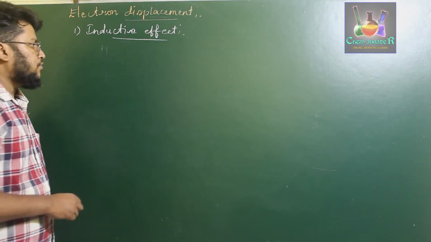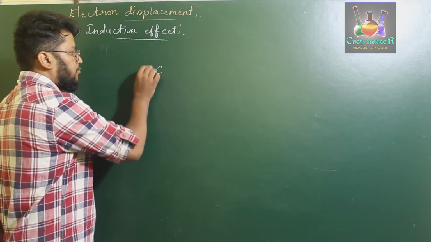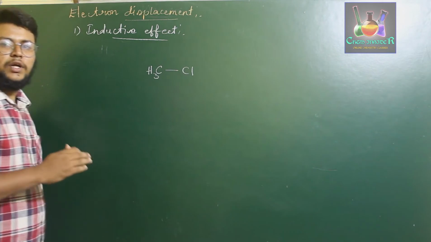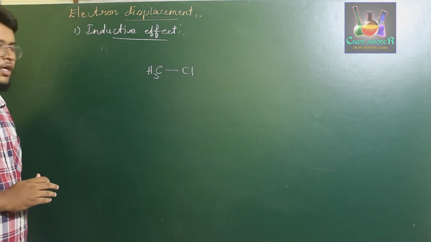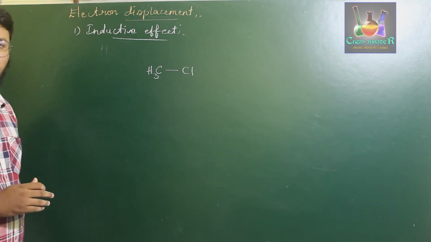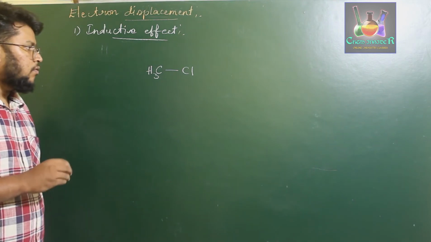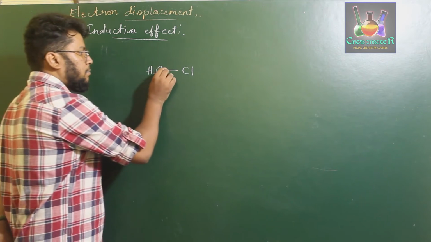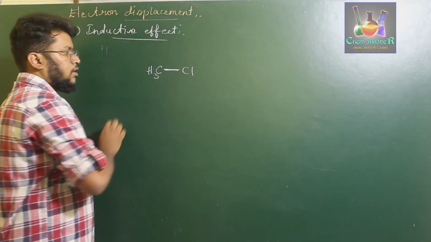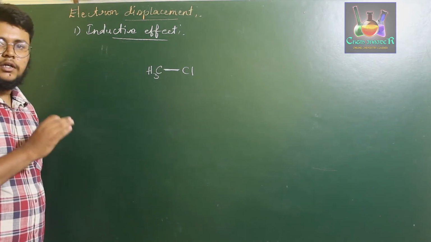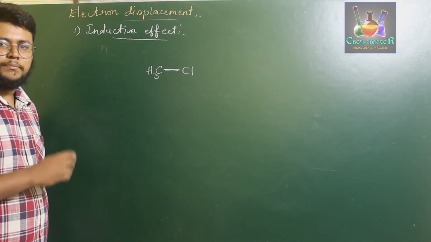That is, consider a covalent bond formed between two atoms of different electronegativity. What we observe is that the electrons forming the covalent bond in a particular species will be directed towards one of the atoms.